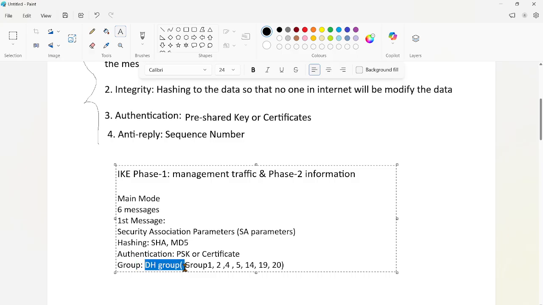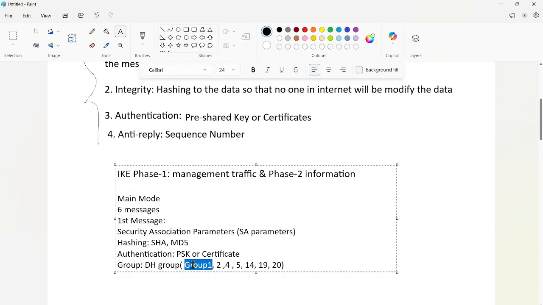DH means Diffie-Hellman group, which supports the hashing by generating a key. Along with hashing, the DH group generates a key, so these groups are helpful to create a key.